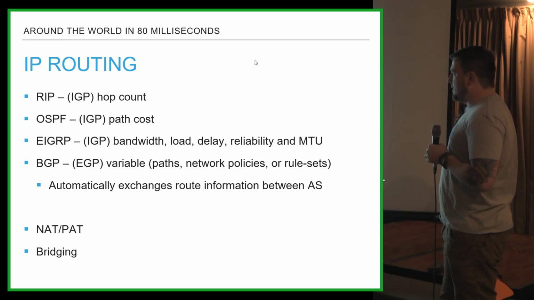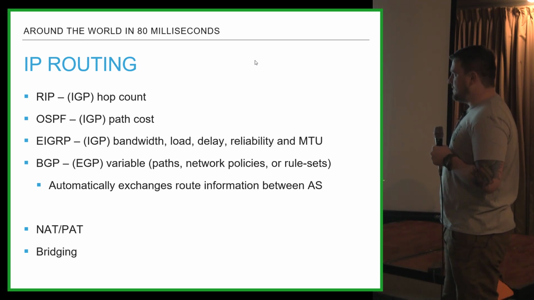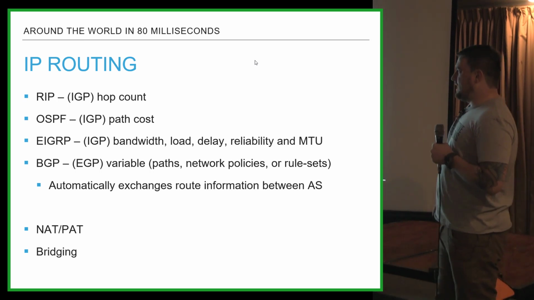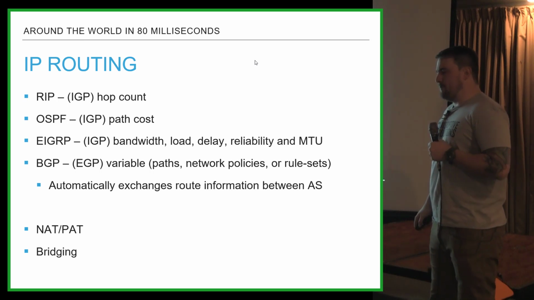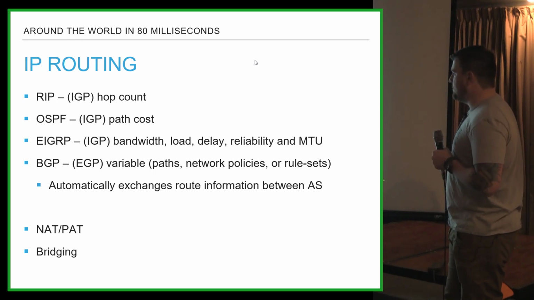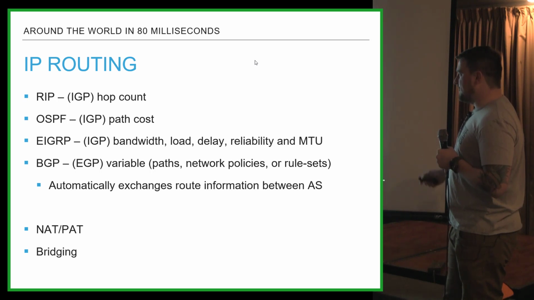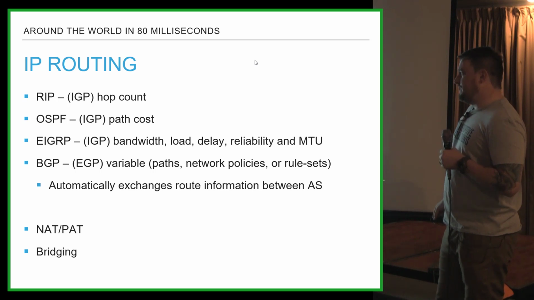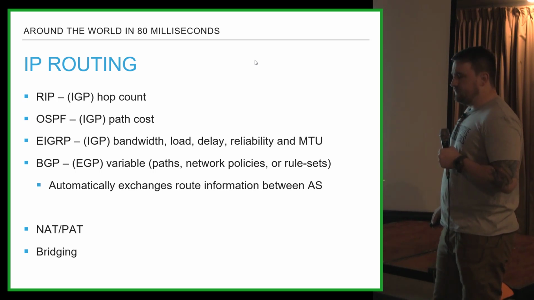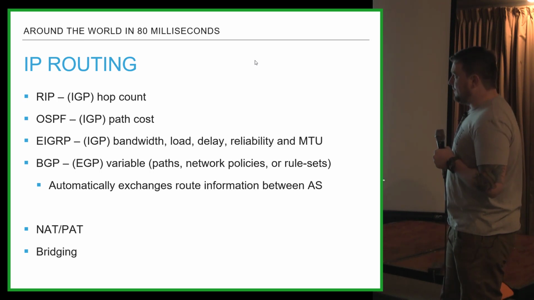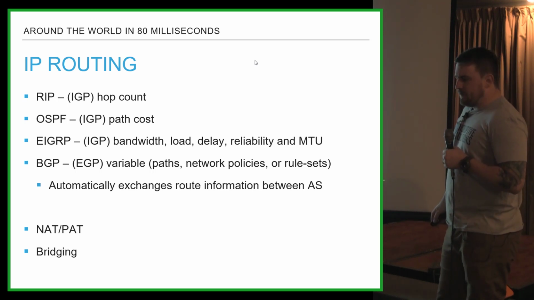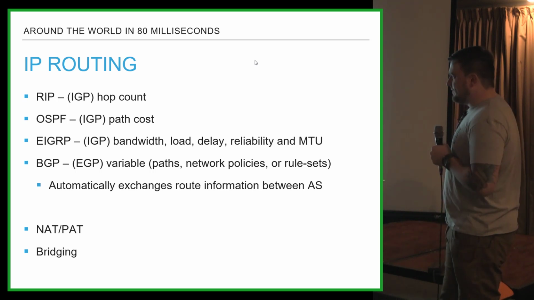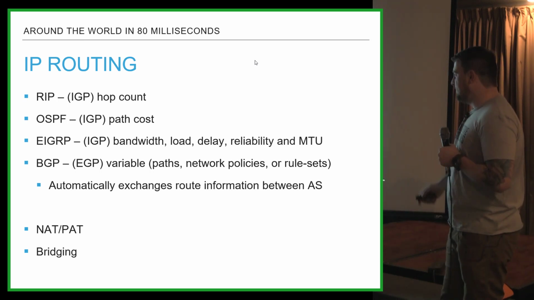BGP uses some of the same metrics as EIGRP, but a lot of times it's much more based on what the administrator chooses: network policies and rule sets, as opposed to all these nice automatic things that could be done for us. BGP is usually automatically exchanged between autonomous systems, but as we're going to find out in a later slide, there's been a lot of BGP hijacking in recent years that is kind of shady.